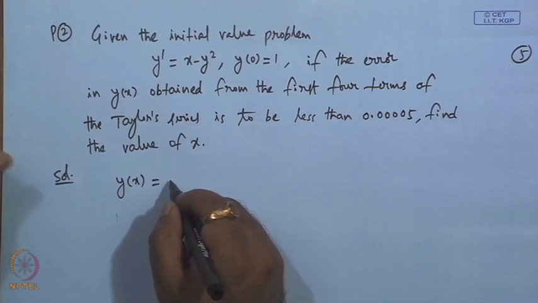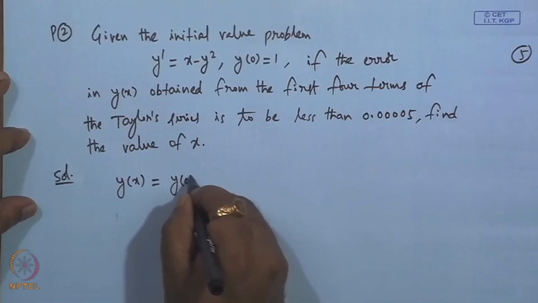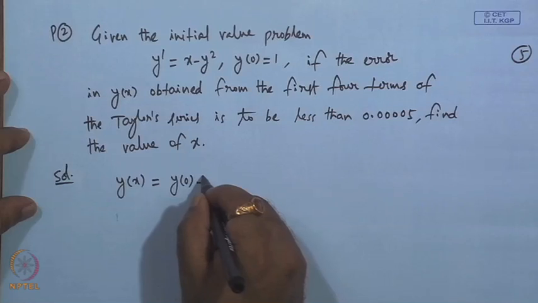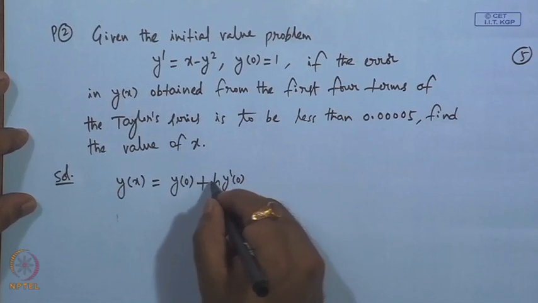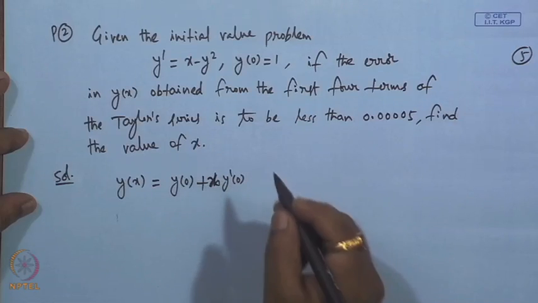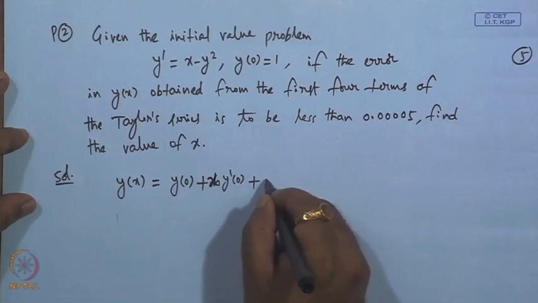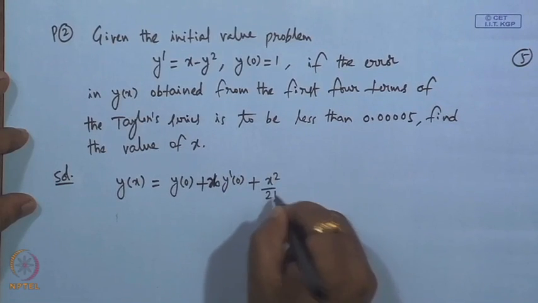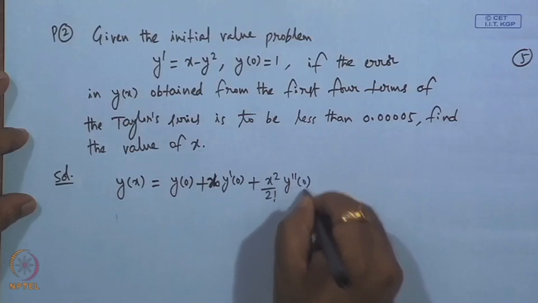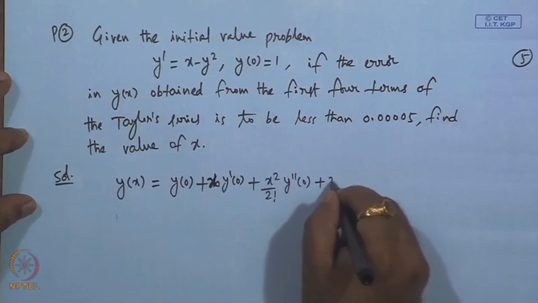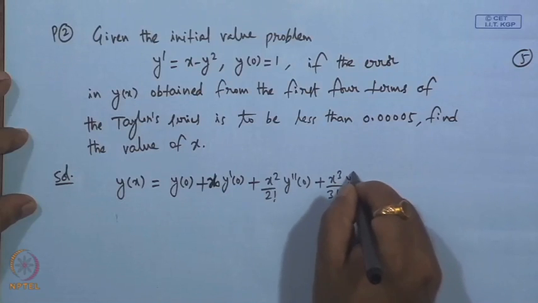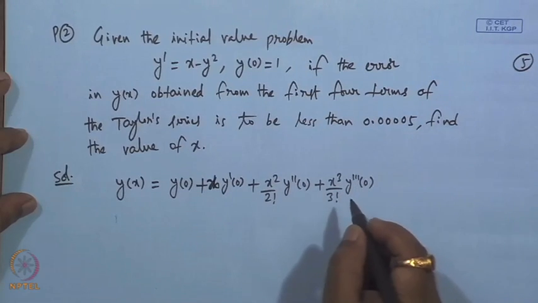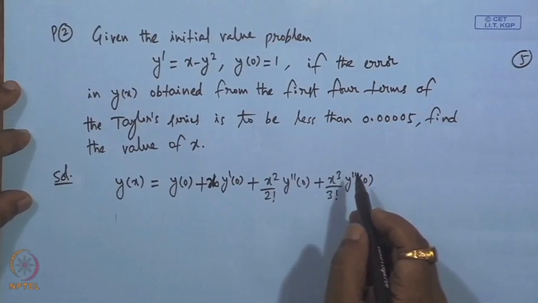Okay, so this is y of 0 plus x y dash 0 plus x square by 2 factorial, and so on.